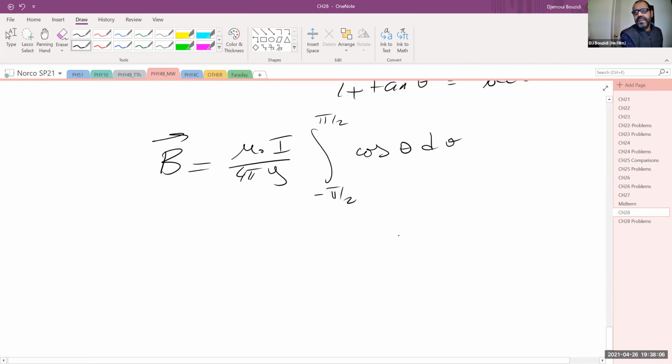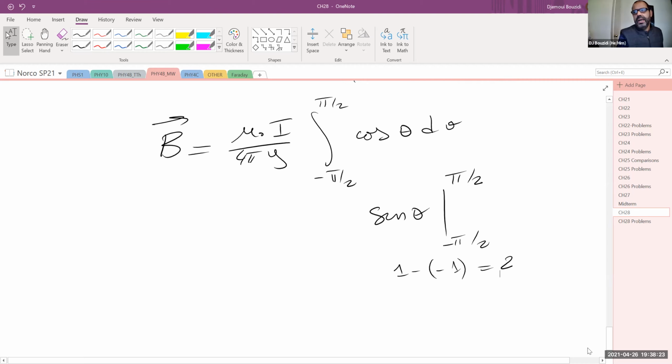So it's sine of theta evaluated between negative pi over 2 and positive pi over 2. And this one is actually 1 minus minus 1, and this is 2. So this whole integral is just 2, okay? Which cancels one of these 4s in here, and the expression, of course, is in the k hat direction.